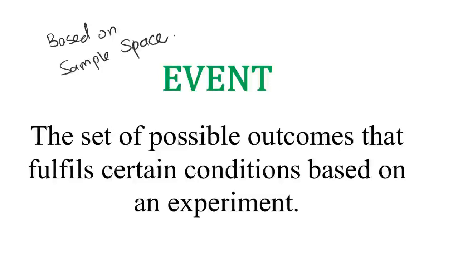Okay, after an experiment, you get a sample space already, isn't it? So based on the sample space, you get the list of the outcome or set of the outcome which is fulfill some condition.